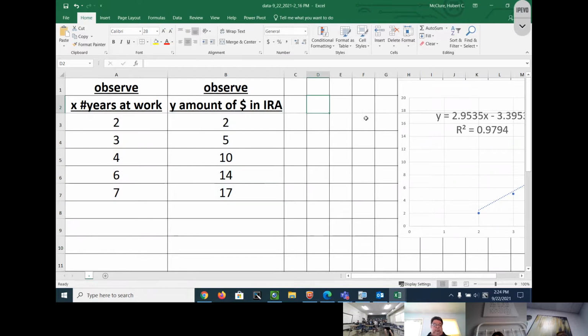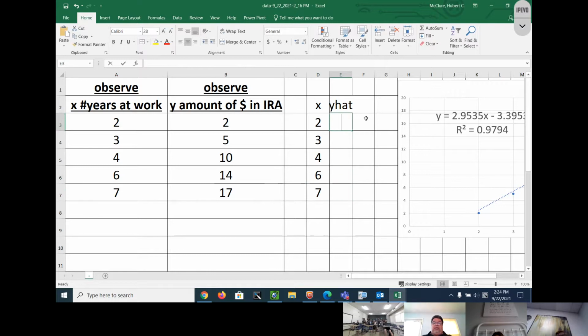I'm going to plug in X hat, Y hat. Well, X hat, you don't really have an X hat, you just have an X. And that's 2, 3, 4, 6, and 7.